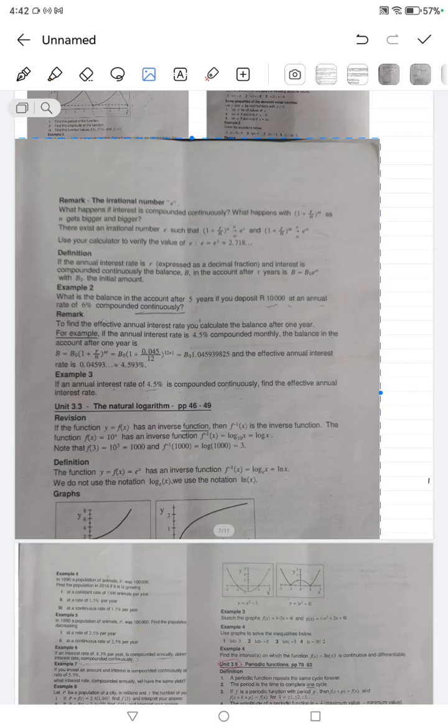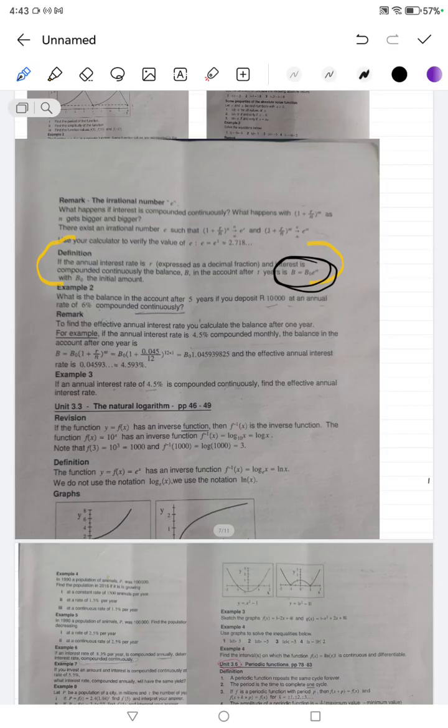Keep it in mind that each and every time I have something compounded continuously, it means I'm going to be using base e. So literally you're using this equation given this side, which says B is equal to B0 times e to the exponent rt.